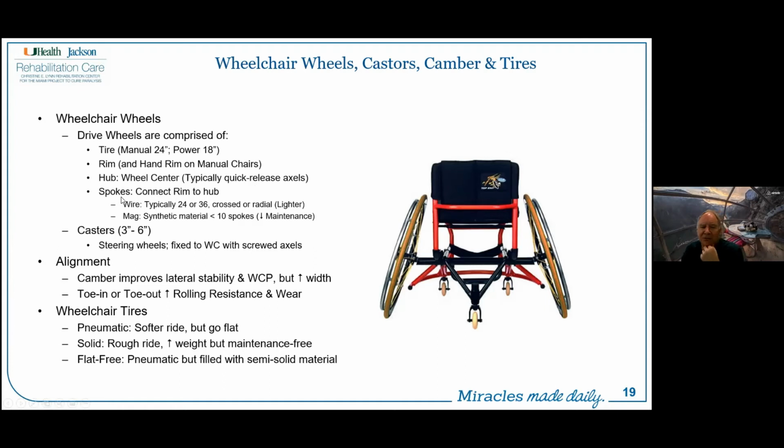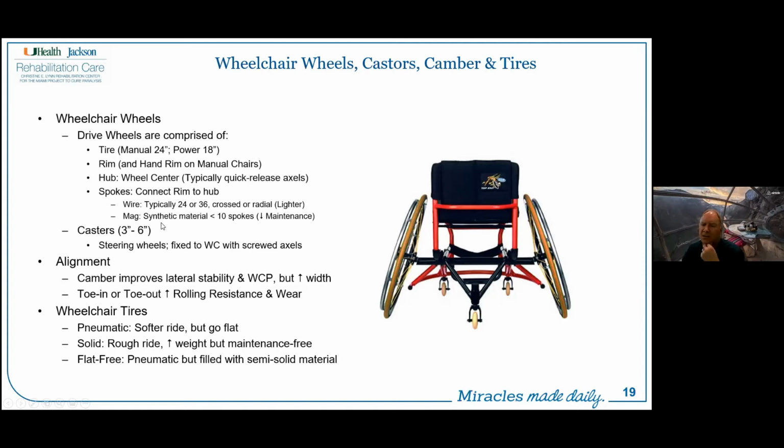And then you have your spokes, and your spokes connect the rim to the hub and provide stability to maintain that perfect circle on the wheel. These are either wire spokes, typically 24 or 36, either crossed or radial as they go through. And this is actually a lighter system than most of the mag wheels.